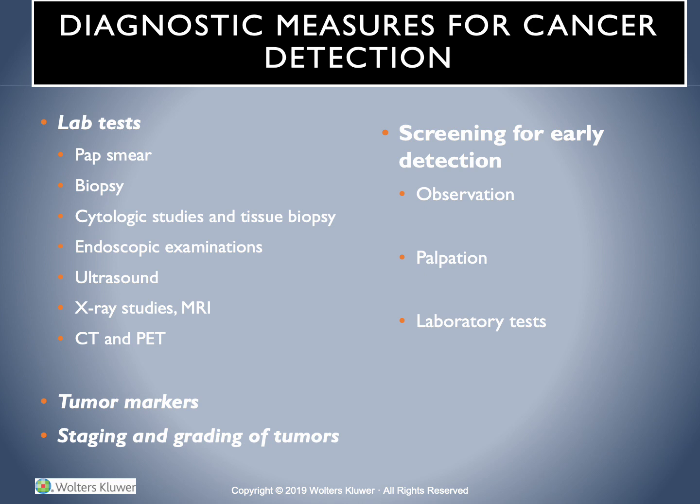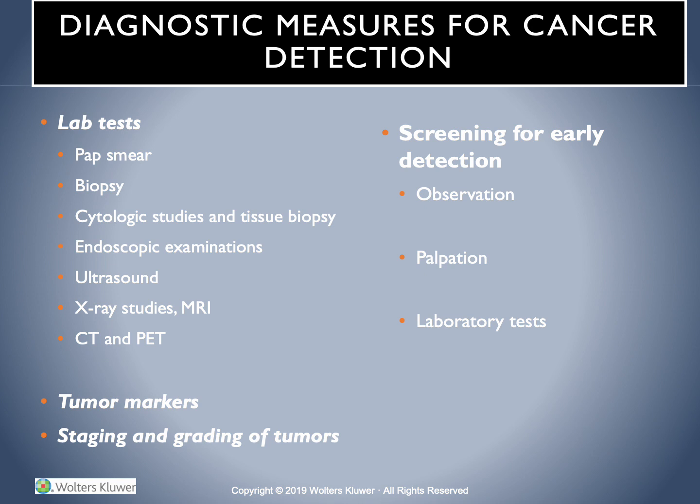The healthcare provider will ask about symptoms, risk factors, and family history of cancers, and then perform a physical examination and check for any abnormalities or signs of cancer. When we think about imaging tests, we use various technologies to create detailed images of the inside of the body.